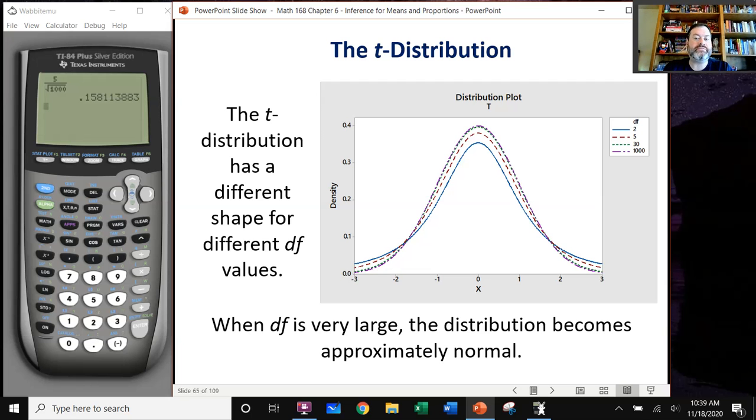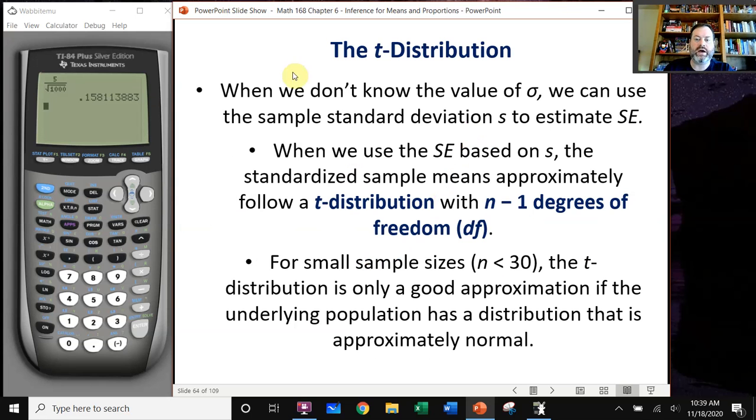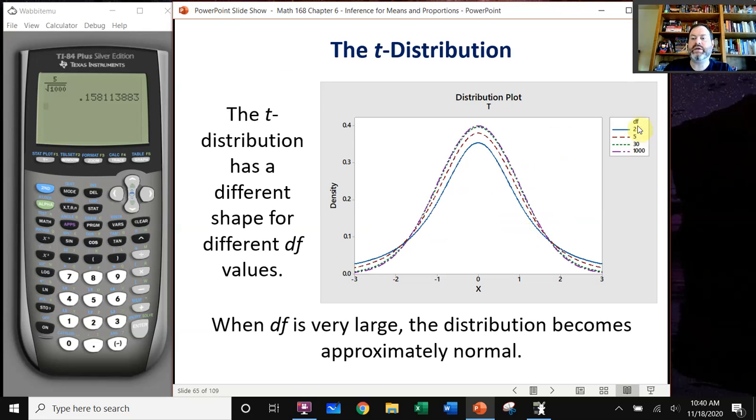So that's the key point for the t-distribution: if the df is large enough, then you can just replace it with the normal distribution according to the central limit theorem. One more thing I want to point out, from the previous slide, is that the sample size determines the degrees of freedom. So here, if our df is 2, the t-distribution is the distribution of sample statistics if we take samples of size 3 from a normal population.